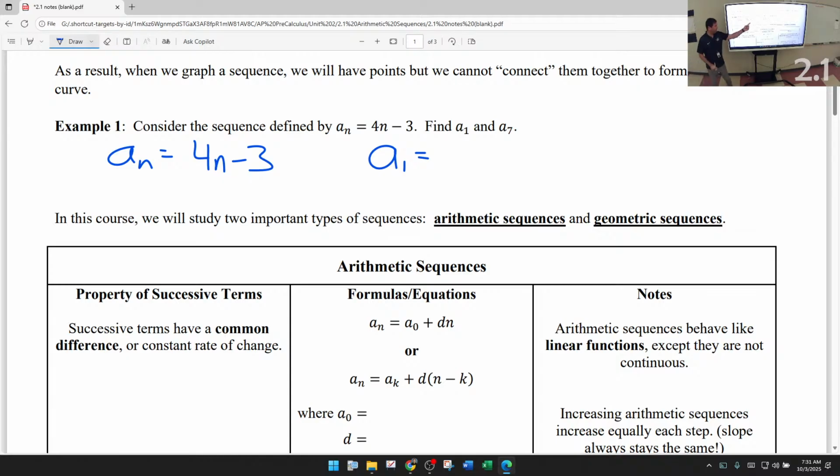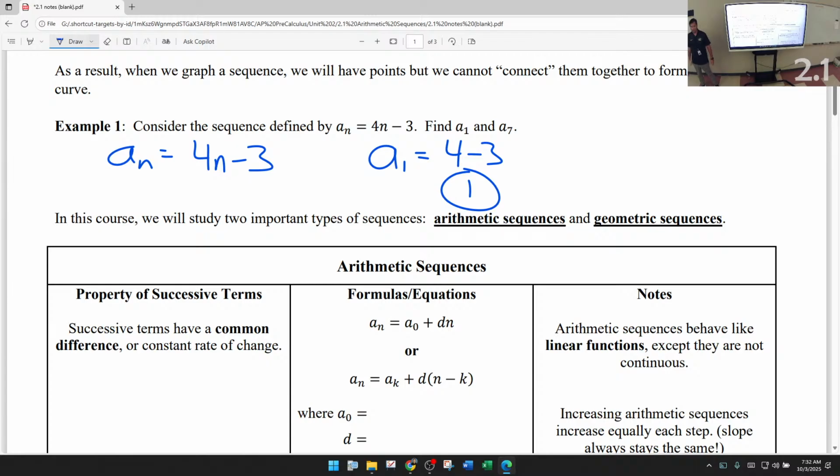Well, if I just go from a sub 1 to this over here, this is a sub n. If this is a sub n and I want a sub 1, and a sub n is 4n, then I want 4 times 1 minus 3. And basically all you're doing is plugging and chugging. Okay, so plug the 1 in. 4 times 1 is 4. Minus 3, 1.